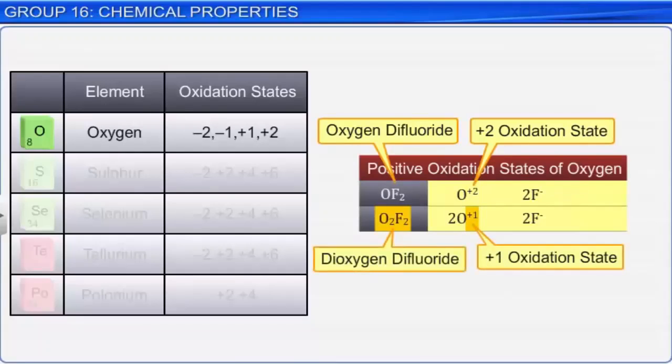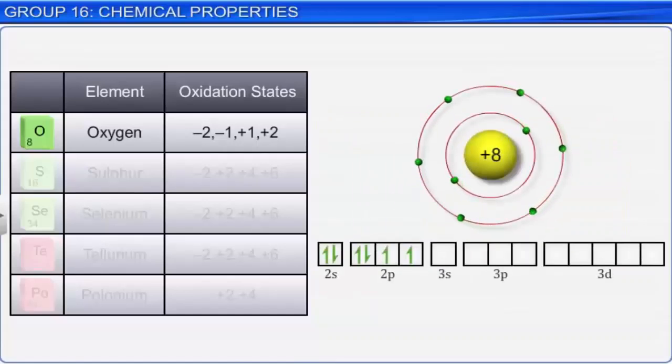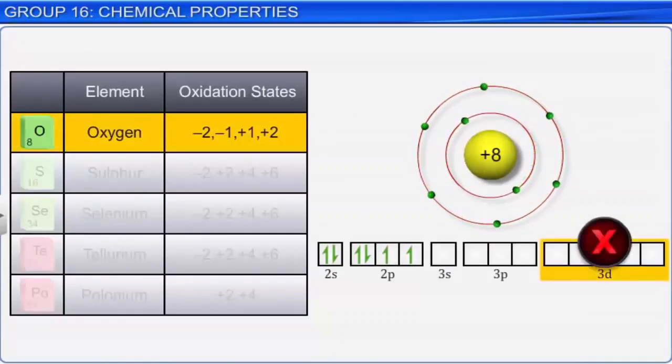Note that oxygen does not have d orbitals, and therefore it cannot expand its valency. Hence, the oxygen atom cannot show an oxidation state higher than +2.